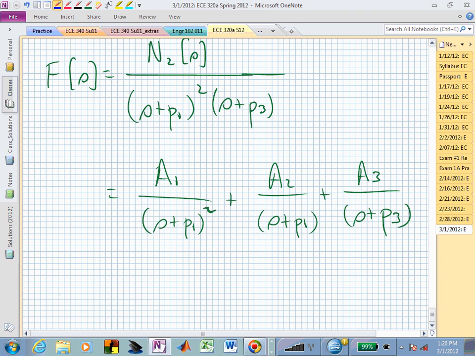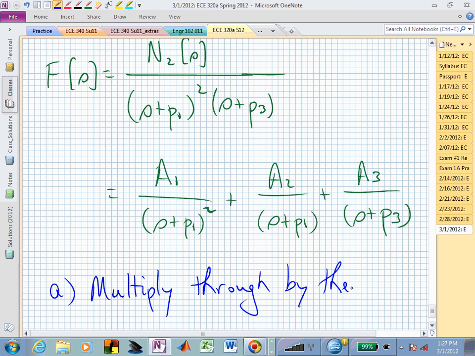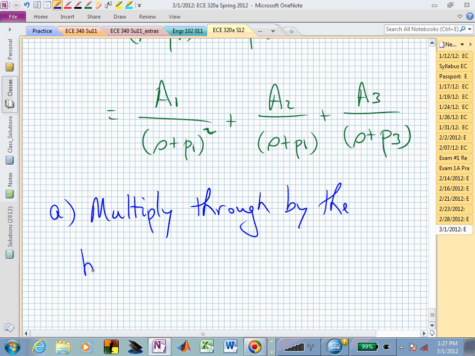And this approach now has a few steps. And the steps are, first we multiply all of the factors, or all of the terms, multiply through by the highest power of the root factor. Does that make sense? We're multiplying in this example everything by s, the quantity s plus p sub 1 squared.